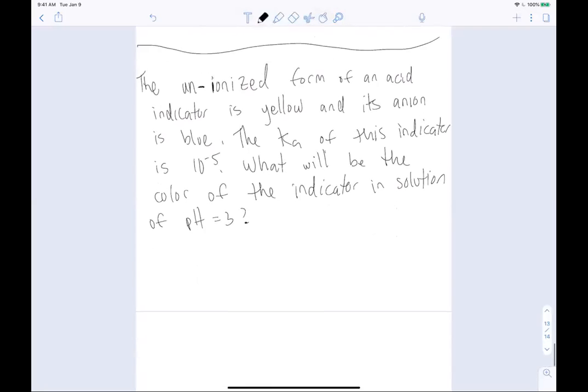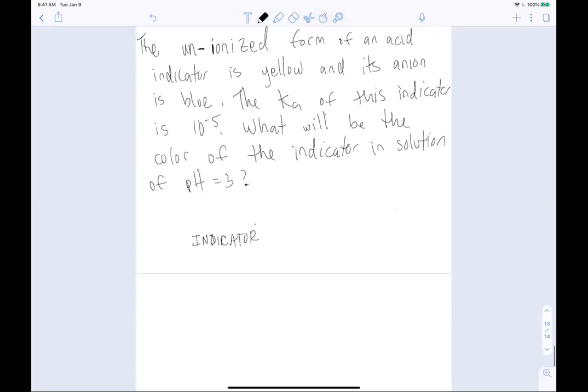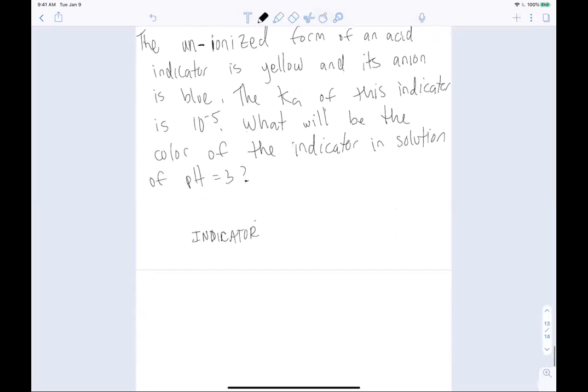So for the indicator, Ka is 10 to the minus 5. It's a dye molecule that changes colors in response to pH changes. The indicator is a big molecule that I don't want to draw out, so let me indicate it like this.